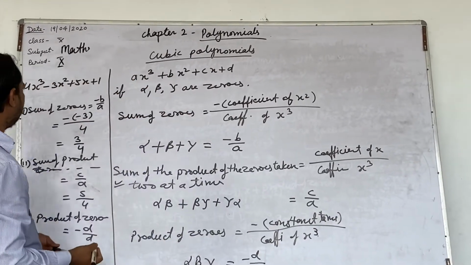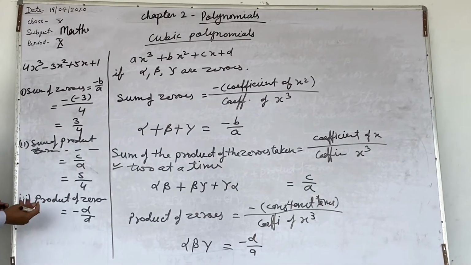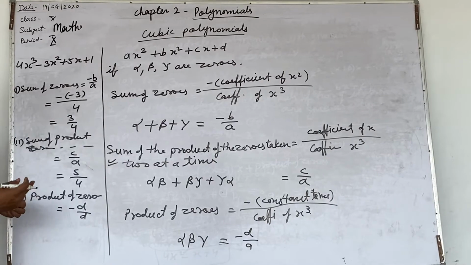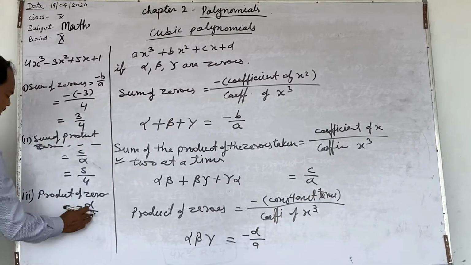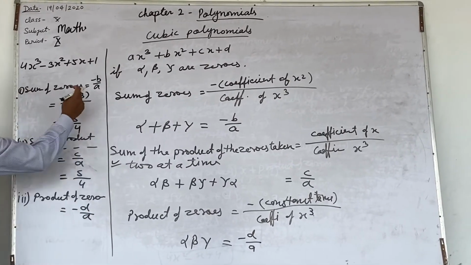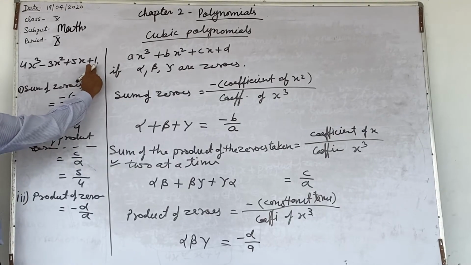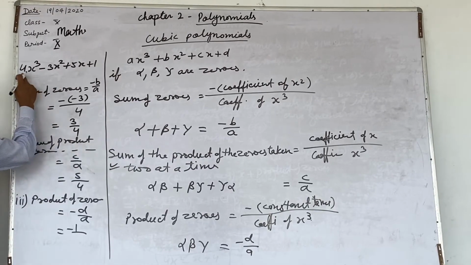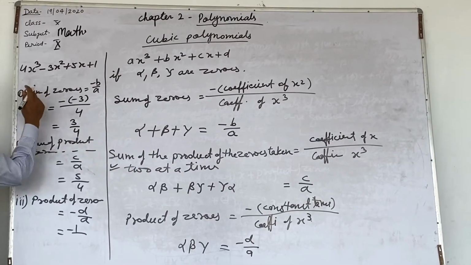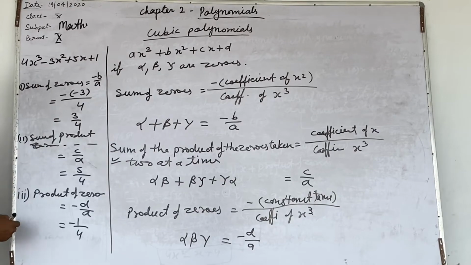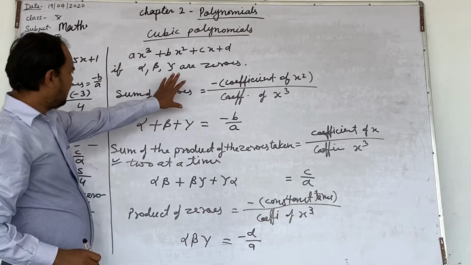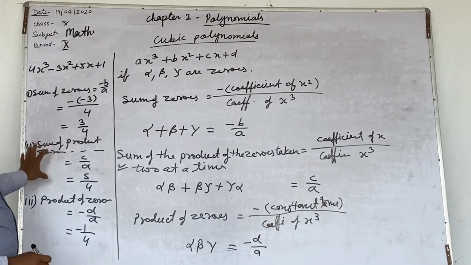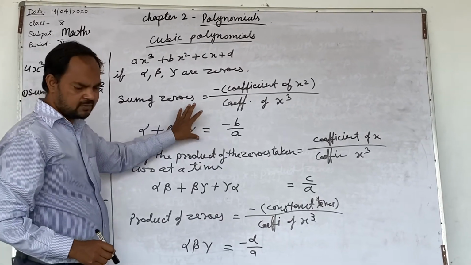The constant term, as you know, is free from x, the term which does not contain x, or we can say the term containing x power 0. So in this case, the constant term is 1. So this can be written as minus 1 upon a. A means the coefficient of x cube, which is 4. I have done it in short form, in a little space, to highlight this formula.